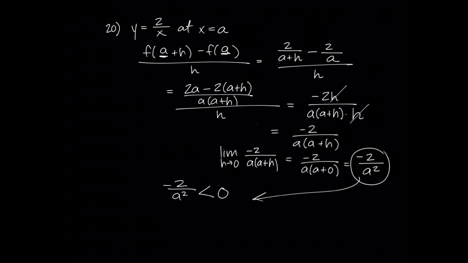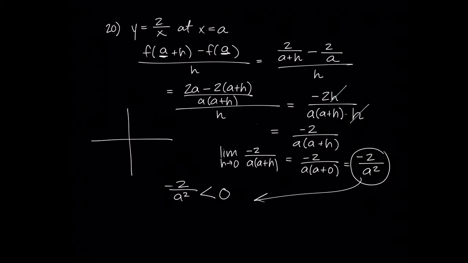And notice that the larger the a value is, the closer to 0 this whole expression becomes. This makes perfect sense because let's picture how this graph looks. Everybody should know that y equals 2 over x looks like this.